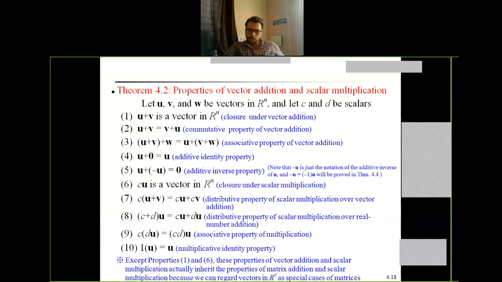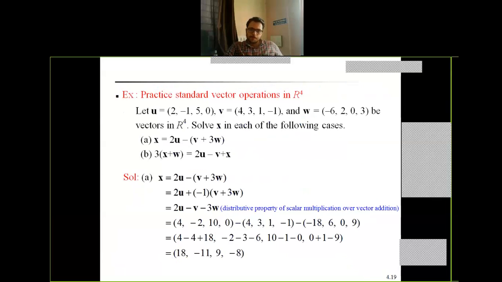If we know vector addition and multiplication, then these are very simple examples. Standard vector operations in R4: every vector will have four components.